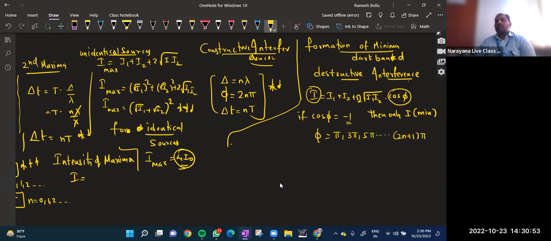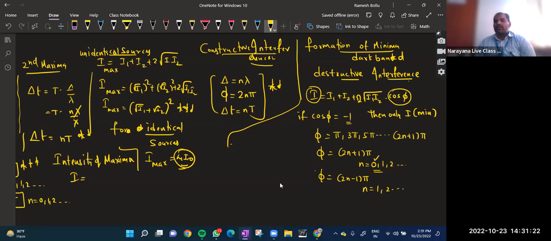If you are using phase difference 2n plus 1 into pi, n value should start from 0, 1, 2, 3 and so on. Now if you don't like this, 2n minus 1, because here a confusion will come. You are talking about 0th maximum, so 0 only you have to use. But when you are using 2n minus 1 into pi, n value should start from 1, 2, 3, and so on.